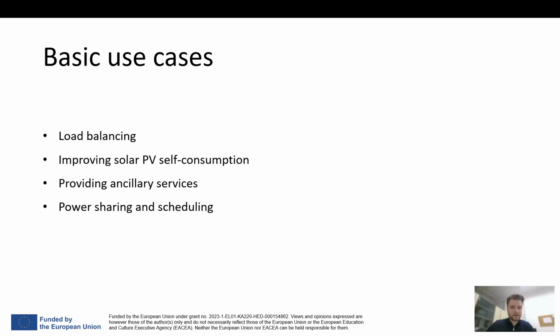So if you buy an EV charger that you can install in your home, you may find many chargers that provide lots of functionalities such as these: load balancing, improving solar PV self-consumption, providing ancillary services, power sharing and scheduling. In the following videos, we're going to talk about what each of these means and how we can represent them.